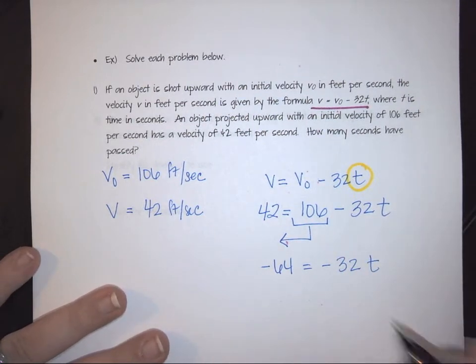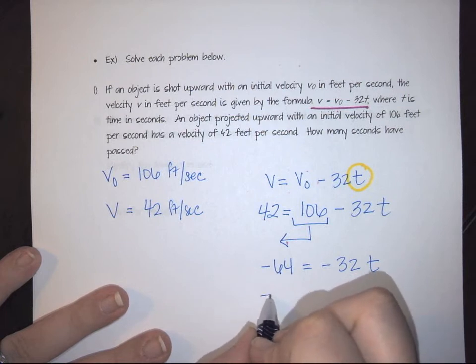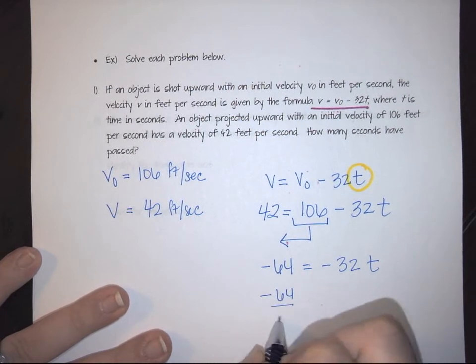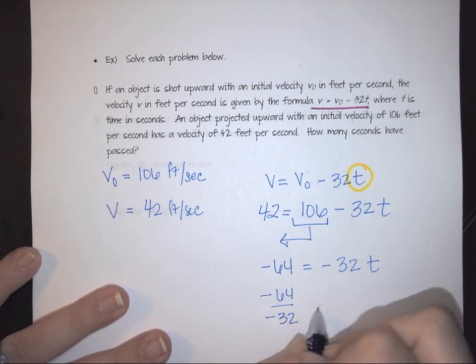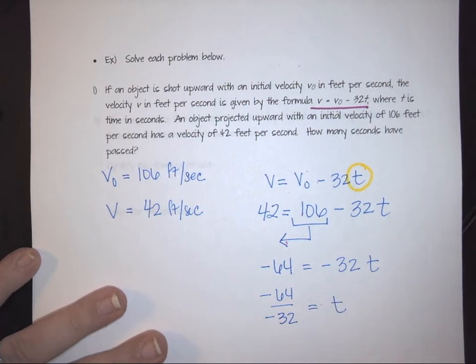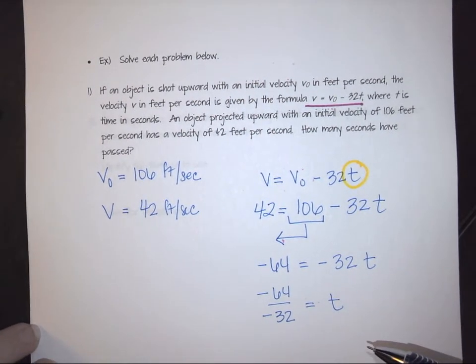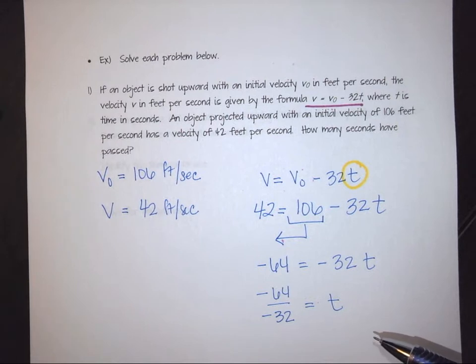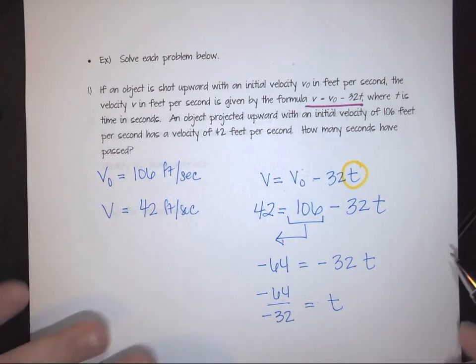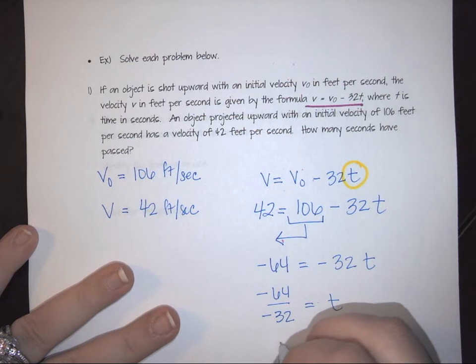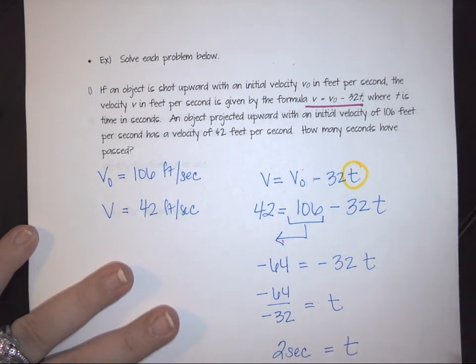I need to divide everything by 32, so negative 64 over negative 32 equals t. Because we're talking about time, we're talking about seconds. 64 divided by 32 comes out to 2 seconds equals t.